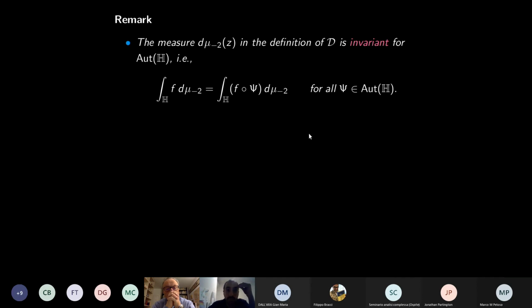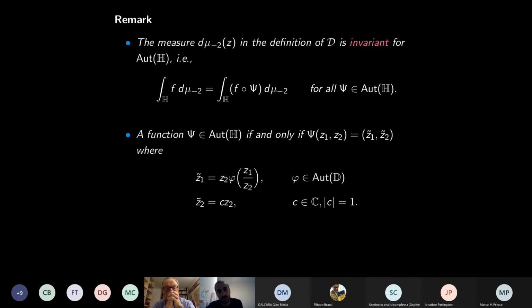Moreover, the measure, in this case d mu -2, in the definition of the Dirichlet space is invariant for the automorphisms of the Hartogs triangle. As in the case of the unit disk, where we had the Möbius invariant measure, here we have this measure which is invariant for the automorphisms of the Hartogs triangle. This is easily seen because the automorphisms of the Hartogs triangle are completely described as follows.